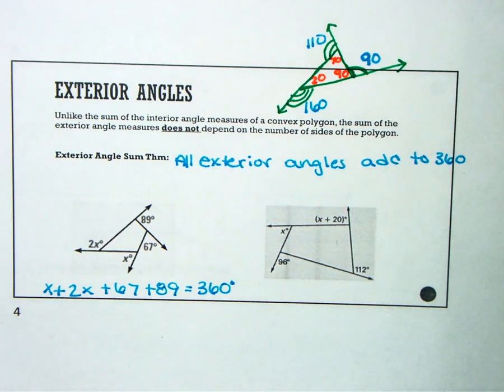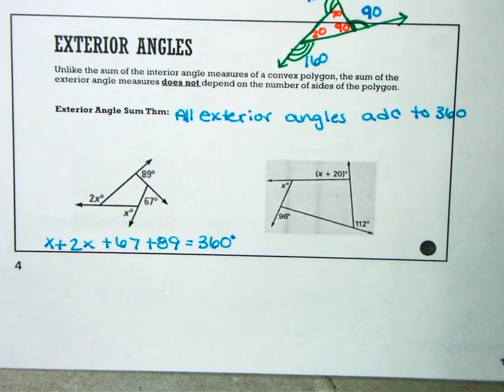Doesn't matter what shape it is. If you are dealing with the exterior angles, they add to 360. Okay. That's pretty straightforward, so I'm not going to do the one right next to it because you would just, again, do those 4 things added to 360.